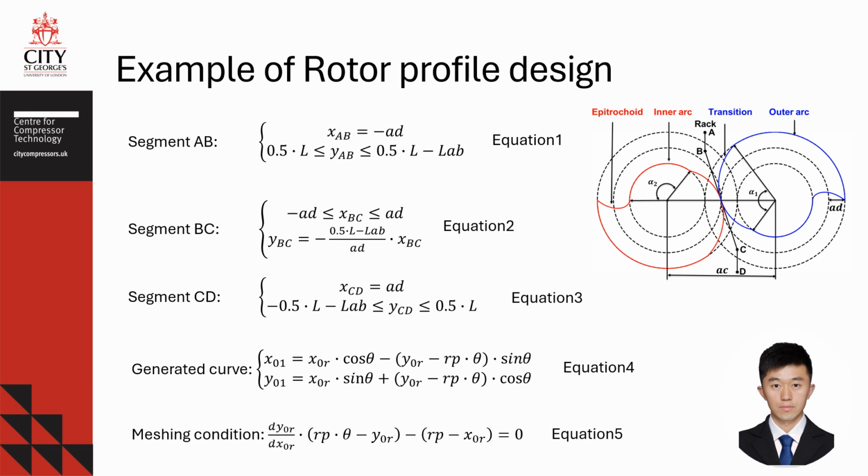The generated rotor profile can then be calculated using equation 4, with the meshing angle θ determined directly based on the meshing condition. It is important to note that epitrochoid curves can't be defined on the rack and must be specified separately. By following this procedure, a Queen-Bee twin-screw vacuum pump rotor profile can be successfully generated.